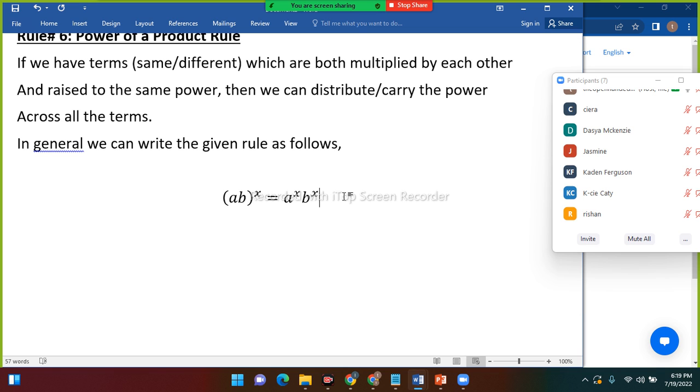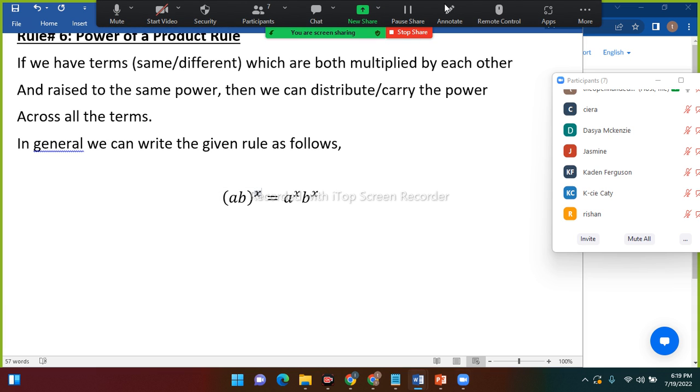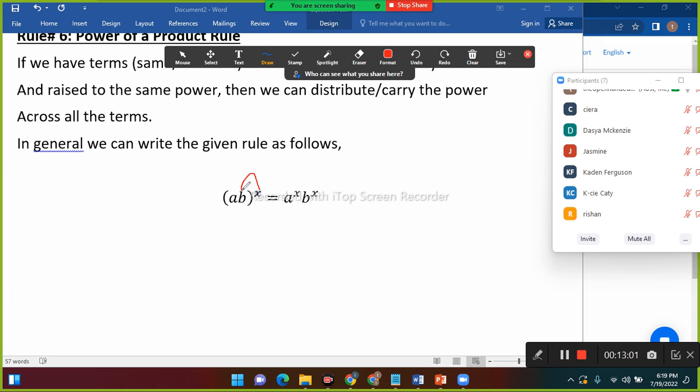So if we have terms which are multiplied by each other and are raised to the same power, we can take this power and distribute it or carry it across all terms. So this x is going to be for b, and this x is also going to be for a. So it's going to be a to the power of x along with b to the power of x. And that's essentially the idea with this particular rule.